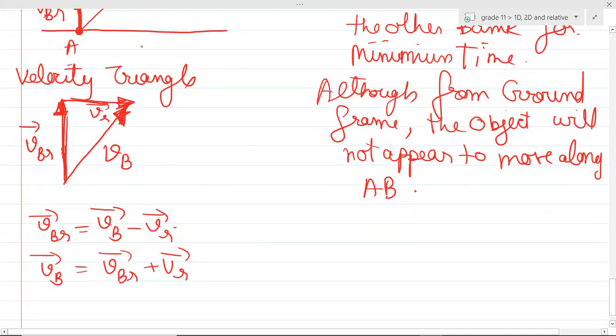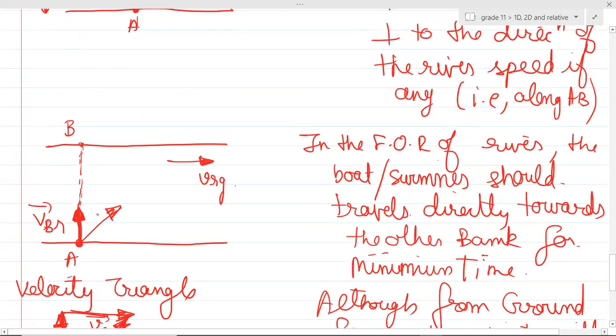So the ground frame says it looks like the swimmer is traveling along this direction and will reach a point C in spite of point B. So this will be the drift, the sidewards drift.